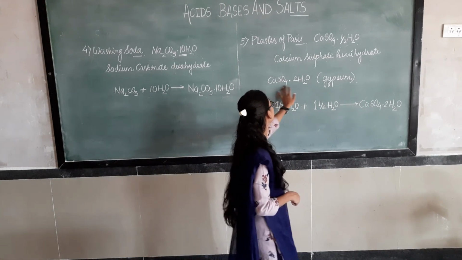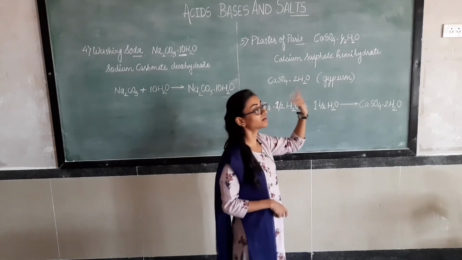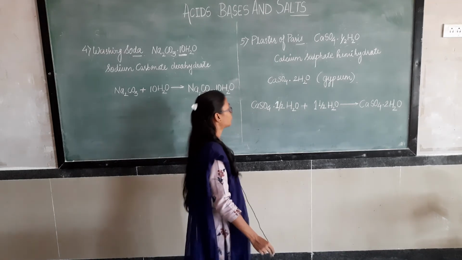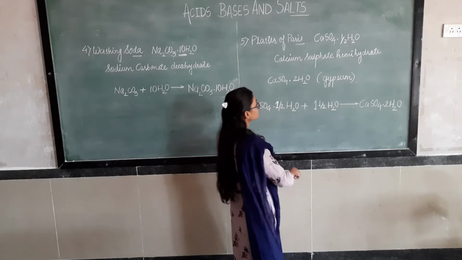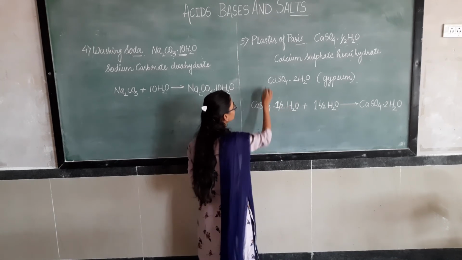This calcium sulfate dihydrate, when heated at 100 degrees Celsius, that is 373 Kelvin, loses some water molecules. So how many water molecules does it lose?